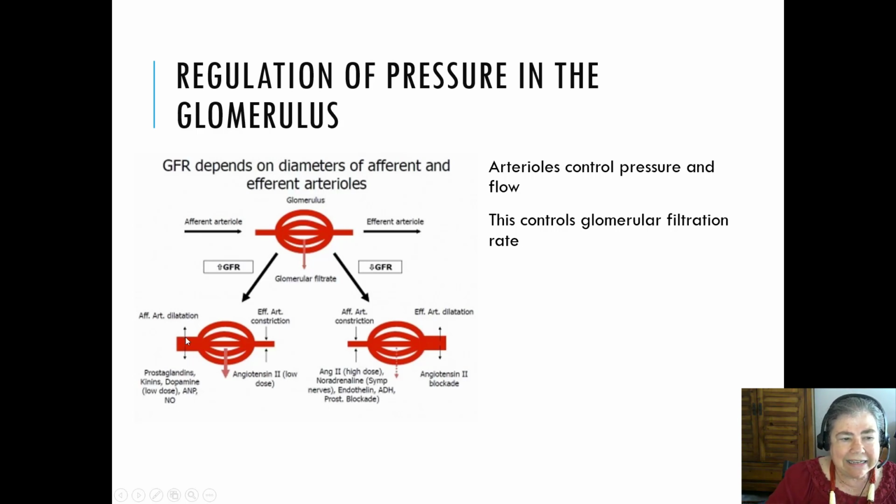If we dilate the afferent arteriole, it increases pressure in the glomerulus and glomerular filtration rate goes up.